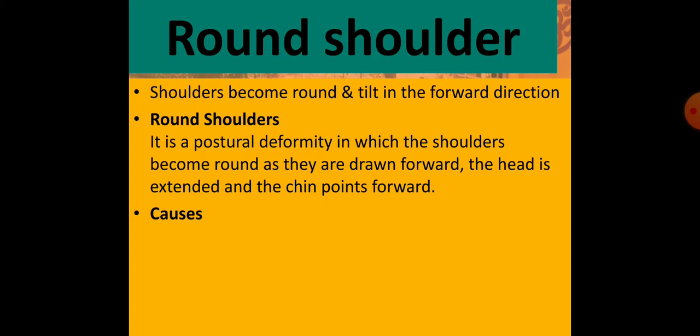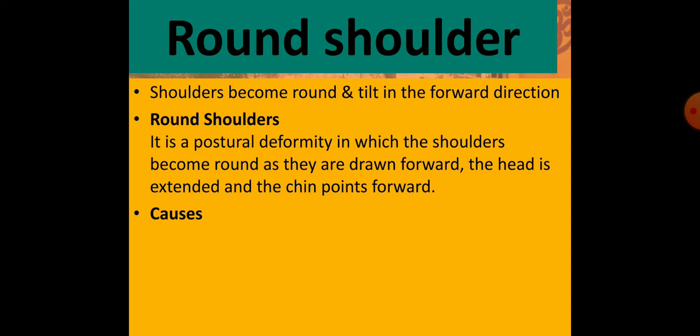Gradually the person suffers with kyphosis, the next disorder, because the whole cervical region is responsible. This is a problem of the cervical and thoracic region, in round shoulders and kyphosis also.